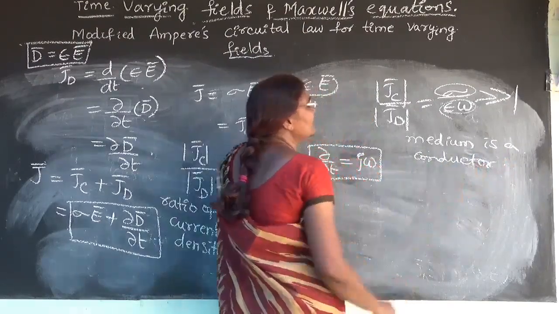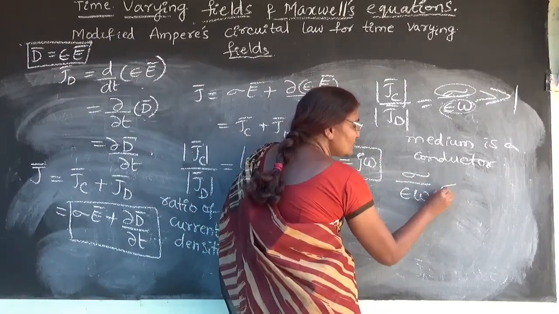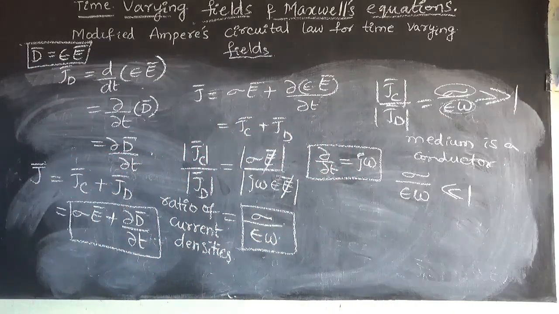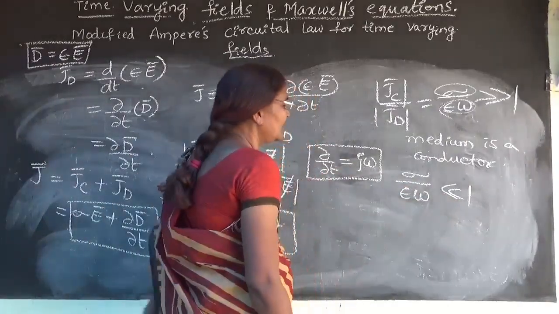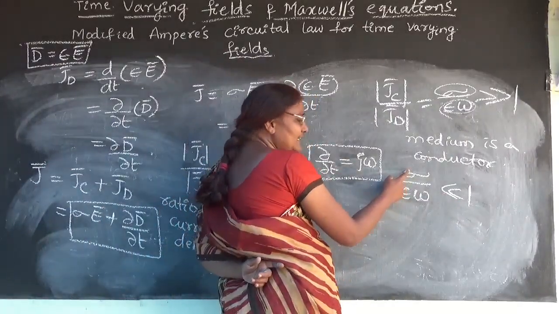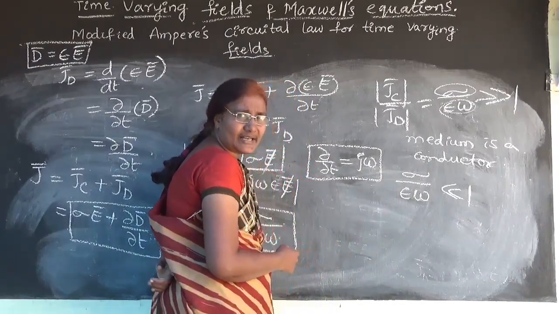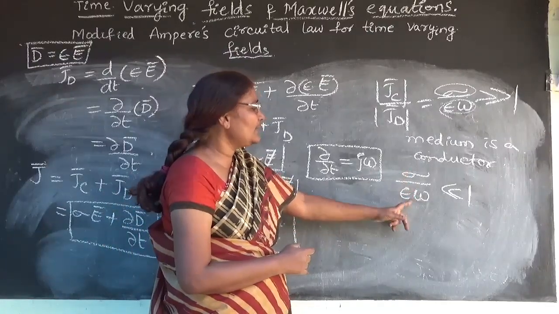Now, if this ratio sigma by epsilon omega is very very less than 1, then what will happen? The numerator is less and the denominator is very large.